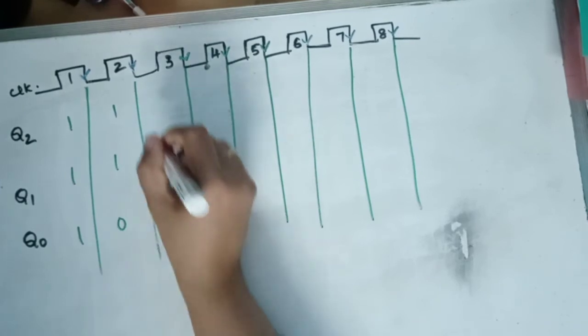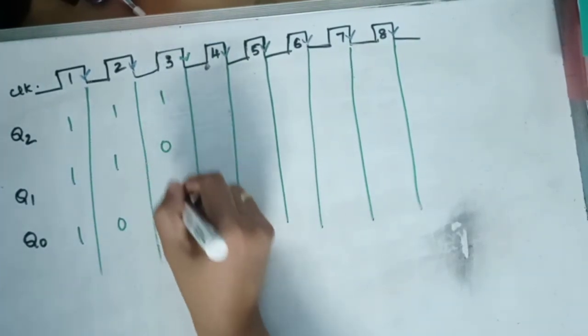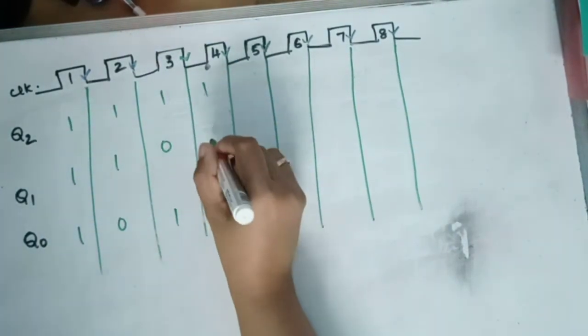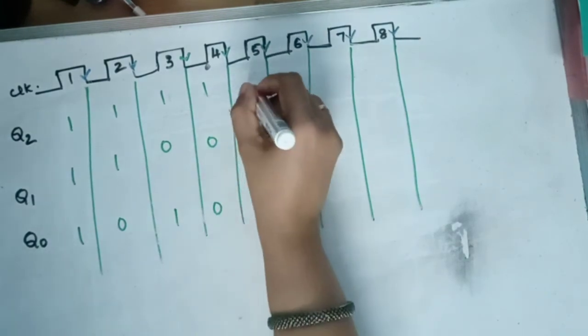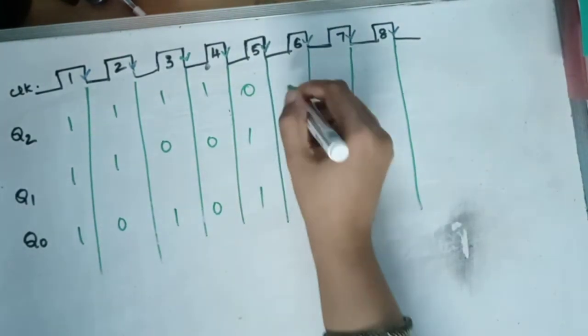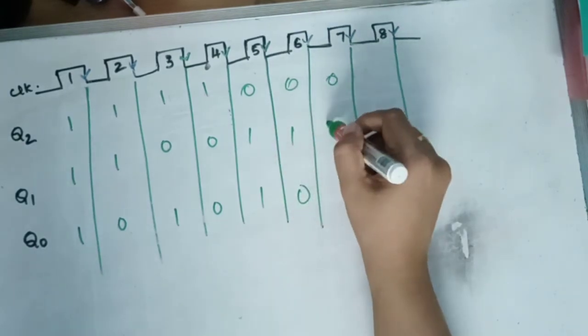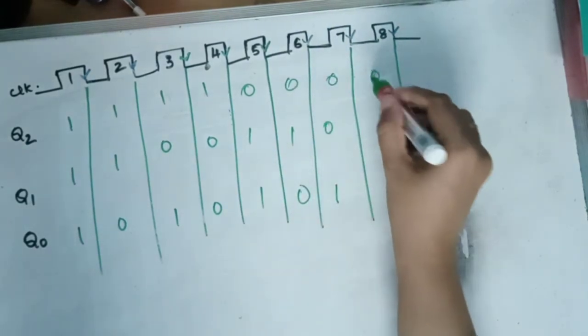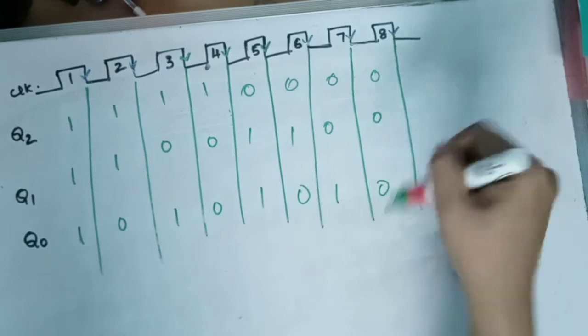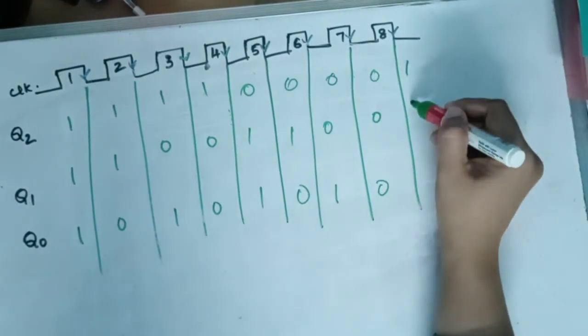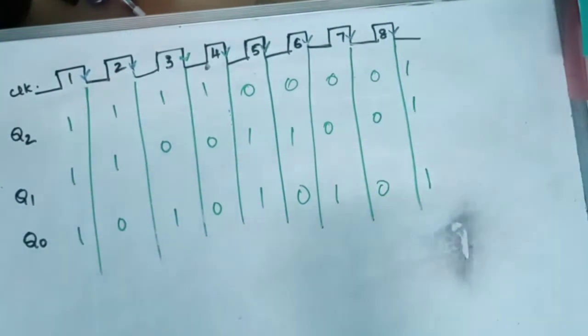First clock pulse 6, second clock pulse 5, 4, 3, 2, 1, 0. If you give another clock pulse, it will return to the initial state. That is a down counter.